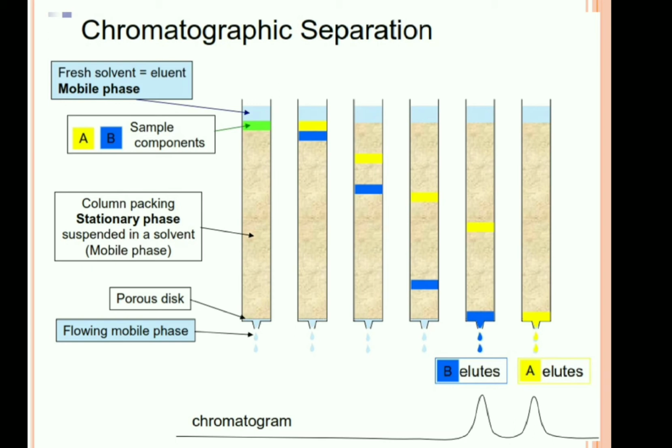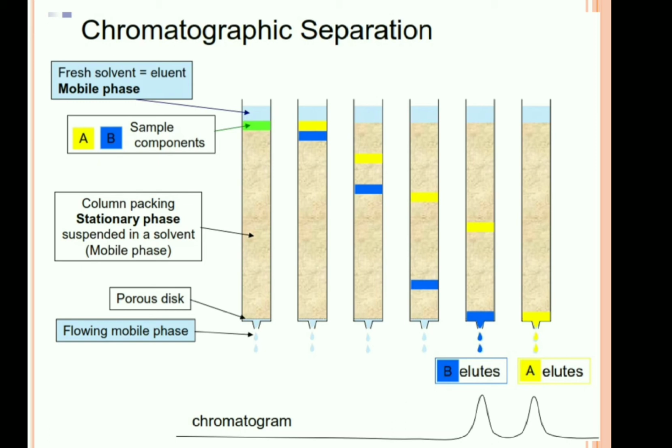So the component of the sample which has more interaction towards the mobile phase will elute faster through the column, and the one which has more interaction towards the stationary phase will elute afterwards. And as I told you in the previous video, the first part of chromatography, when the components get eluted from the column, the detector in the system will detect the components eluted from the column.